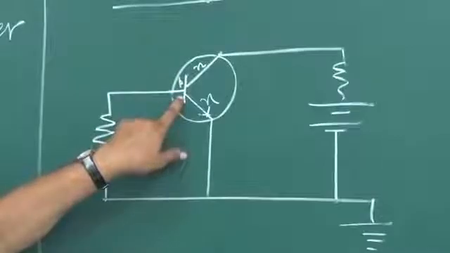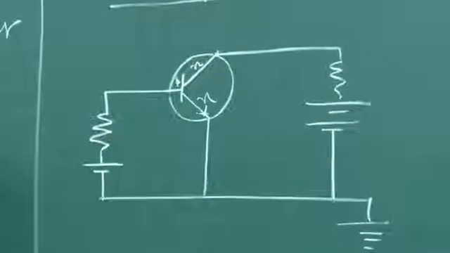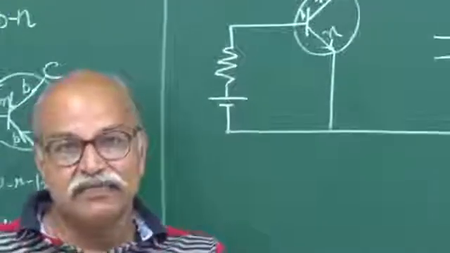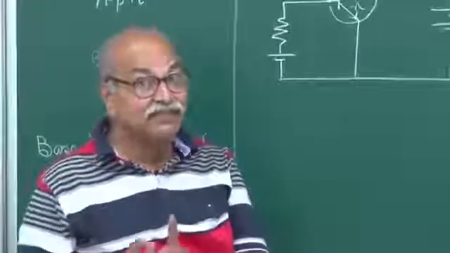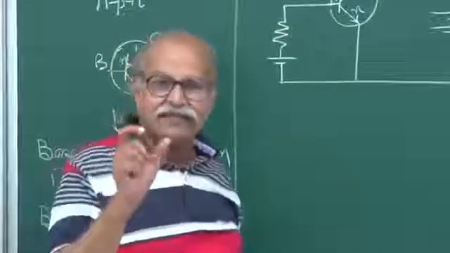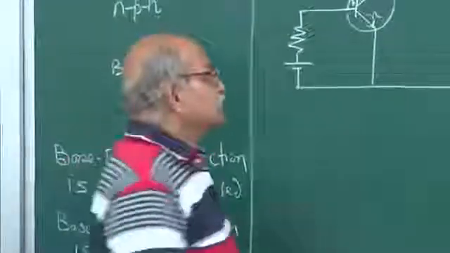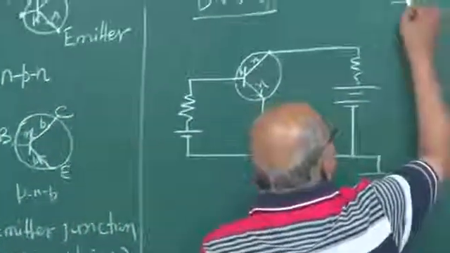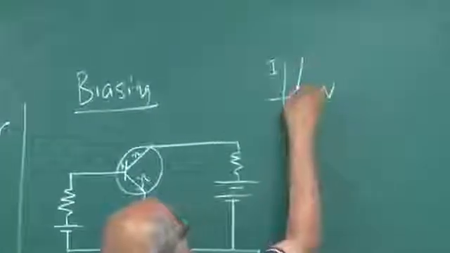You remember, in a forward biased PN junction, the voltage appearing across this PN junction has a certain value, because after that current shoots exponentially. So it's like this, that current voltage characteristics.